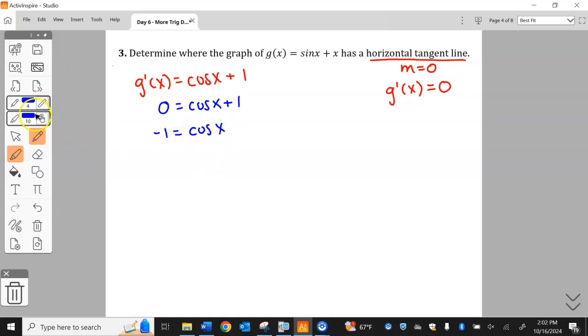Okay. Cosine goes with x. Okay, so I'm looking for where the x value is -1. Well, that would be over here on the left. So that means at x equals pi, and at every angle coterminal with this one, y'all can just put the first x value in that first rotation. So at x equals pi, we're going to have a horizontal tangent line.